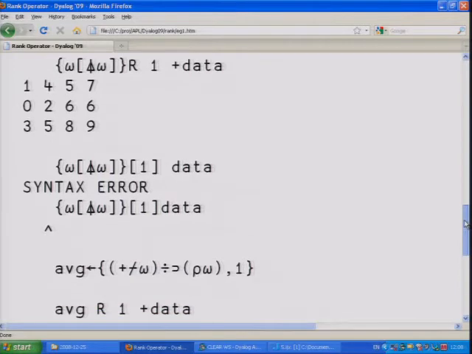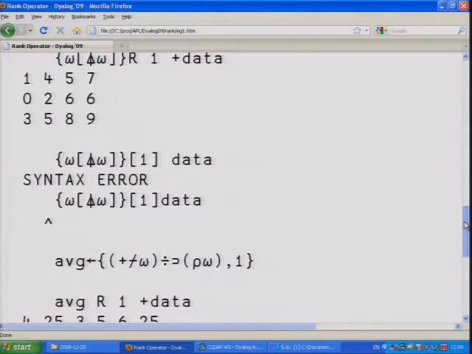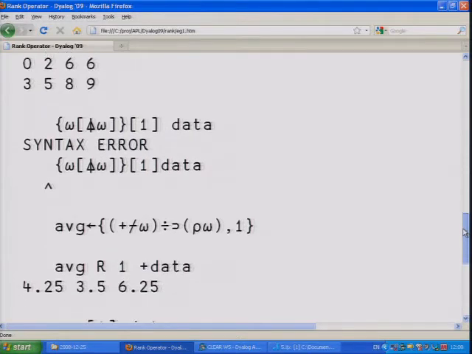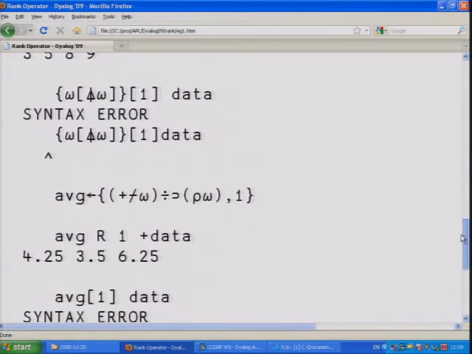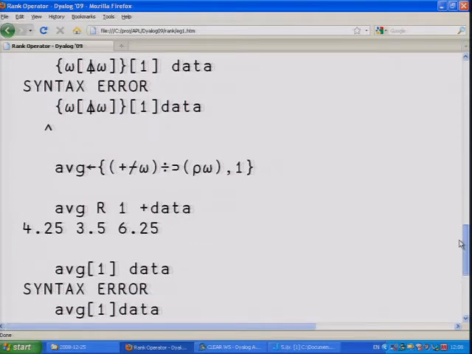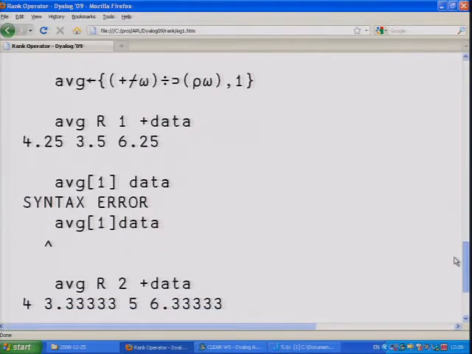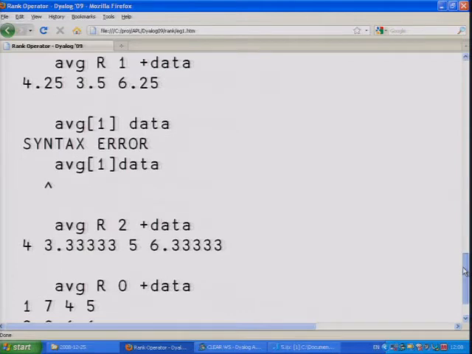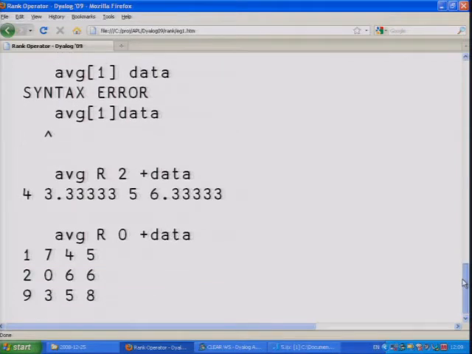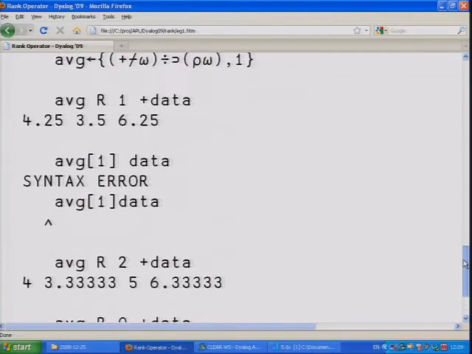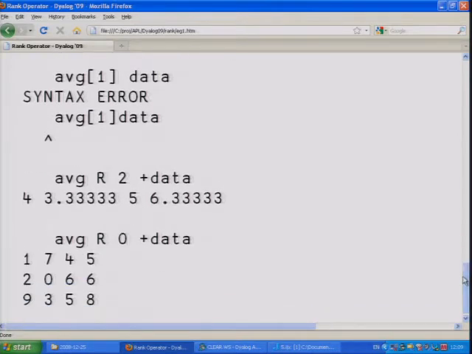And average. So you can say average rank 1 on the data, you get the row averages. And it doesn't work with this axis operator. I can say average rank 2, average rank 0. Apply average to the scalar, so the average of each scalar.